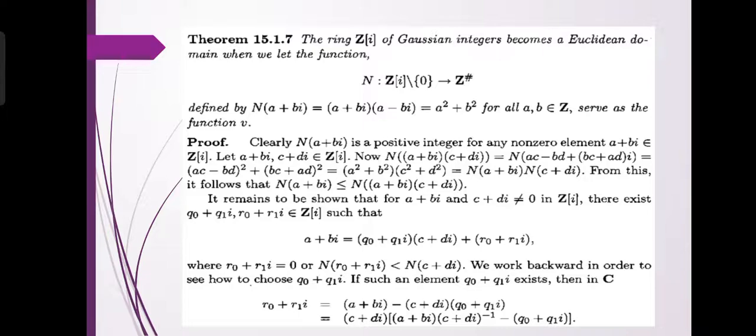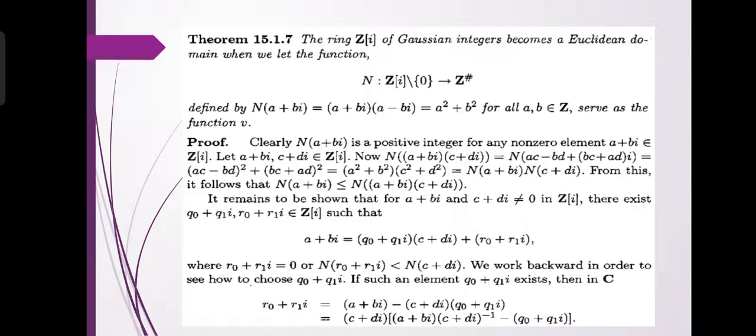Now, N((a + bi)(c + di)) = N((ac - bd) + (bc + ad)i) = (ac - bd)² + (bc + ad)² = (a² + b²)(c² + d²) = N(a + bi)N(c + di).